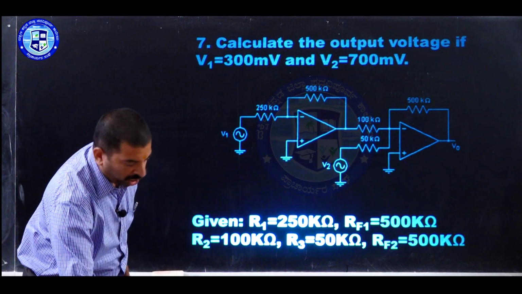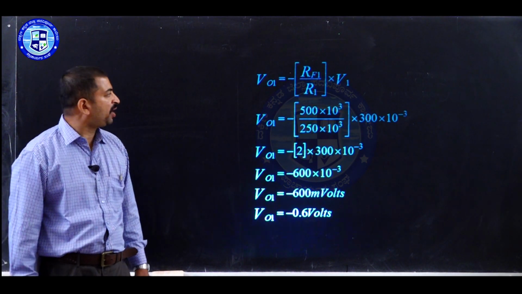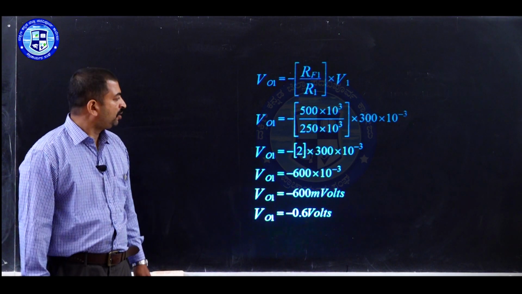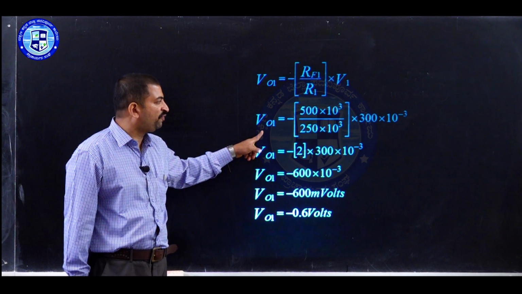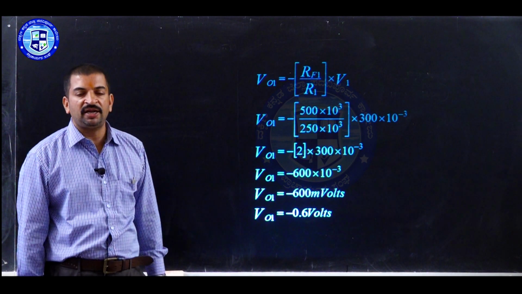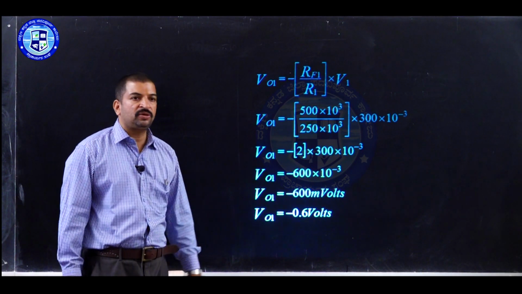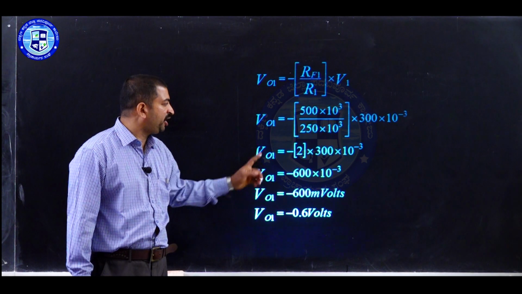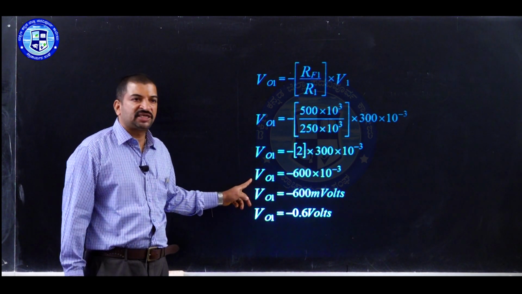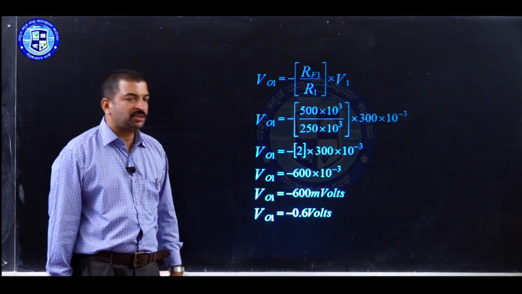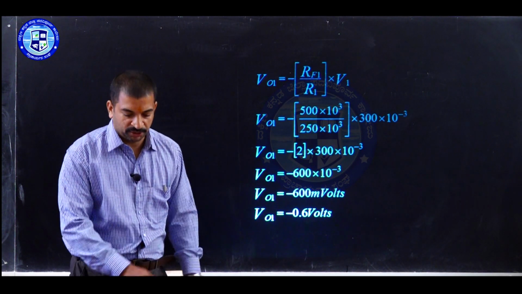The output voltage of the first circuit is given by VO equals minus Rf divided by Ri into V1, which is minus 500K divided by 250K into 300 into 10 to the power minus 3. 500 by 250 is 2, so 2 into 300 millivolts is minus 600 millivolts, or minus 0.6 volts, the output voltage of the first circuit.